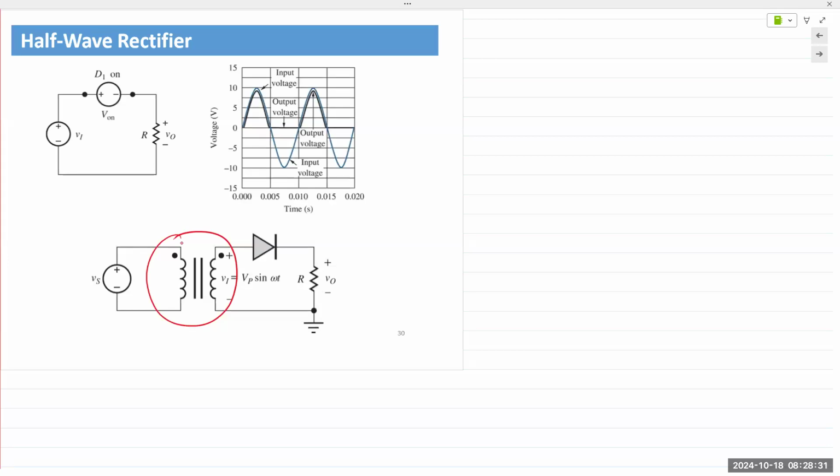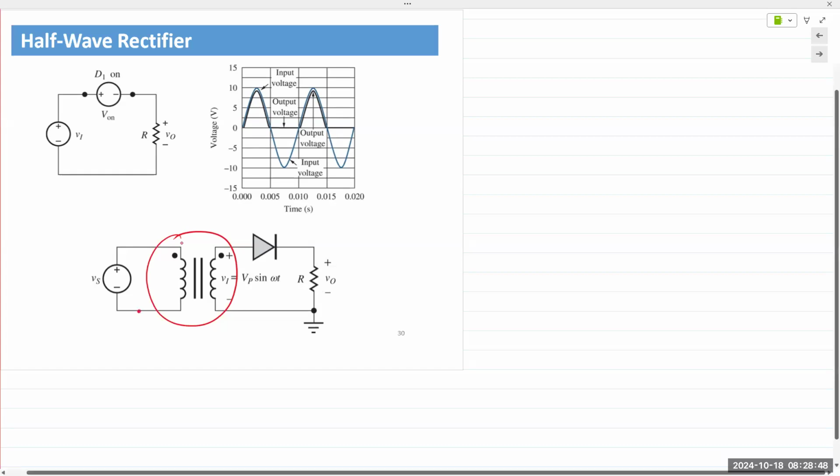Since the negative end of the supplies of all our instruments, like function generators and oscilloscopes, is grounded, if you try to apply a signal to a half-wave rectifier or any rectifier for that matter, the other end is going to be connected to ground. And we won't be able to use it. We won't be able to see the waveform on the oscilloscope.